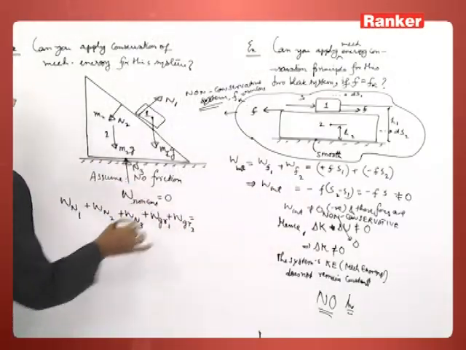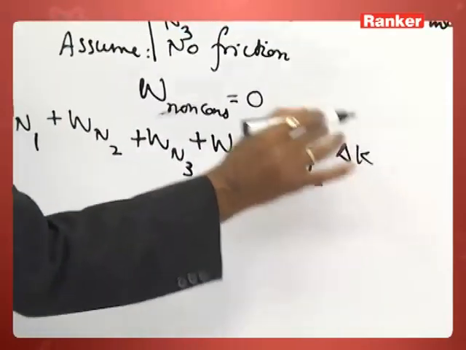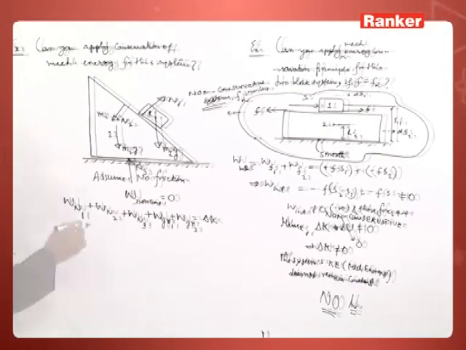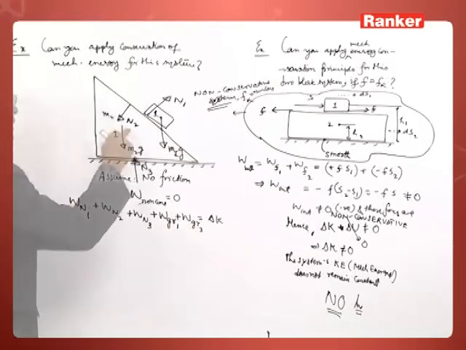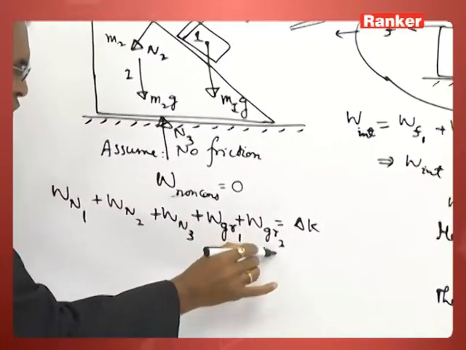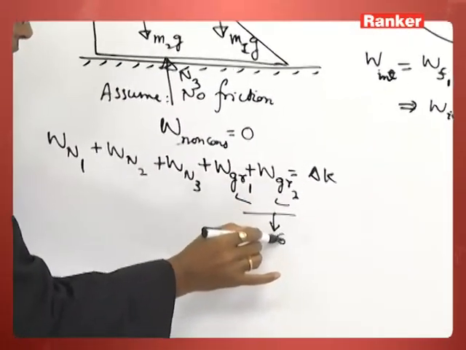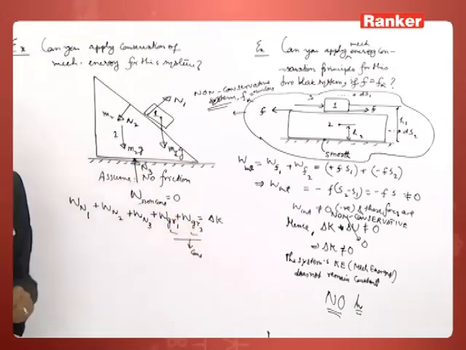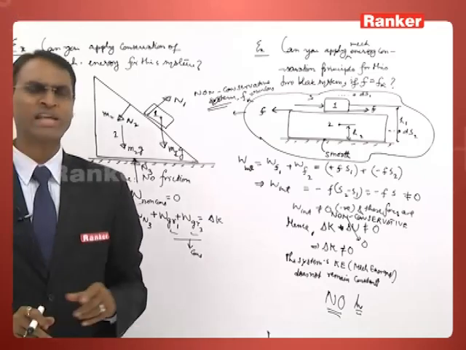Sum of all the work done is equal to change in kinetic energy. That is our work-energy principle. Since these gravitational forces are conservative, work done by a conservative force is equal to the change in potential energy of the system.